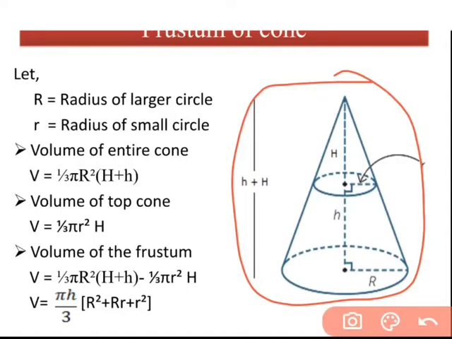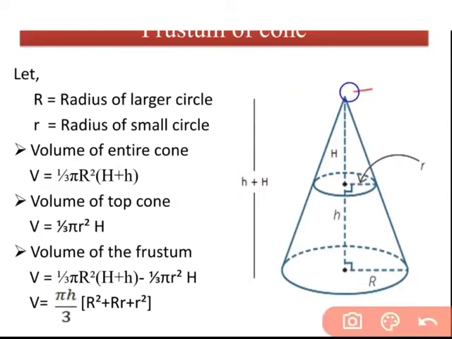Then find the volume of the cut area of the cone, that is this portion. Then we subtract the volume of the cut cone from the volume of the entire cone. So we will get the volume of the frustum of a cone.